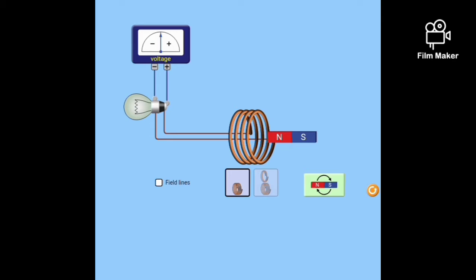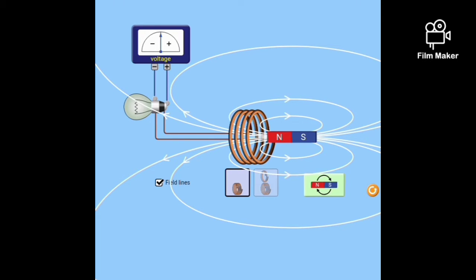Let us try to explain this more. If we put in the fields onto the magnet, you discover that the magnetic field lines of the magnet, or what we call magnetic flux, links up with the coil. When the magnet is stationary, the magnetic flux linkage is not changed.